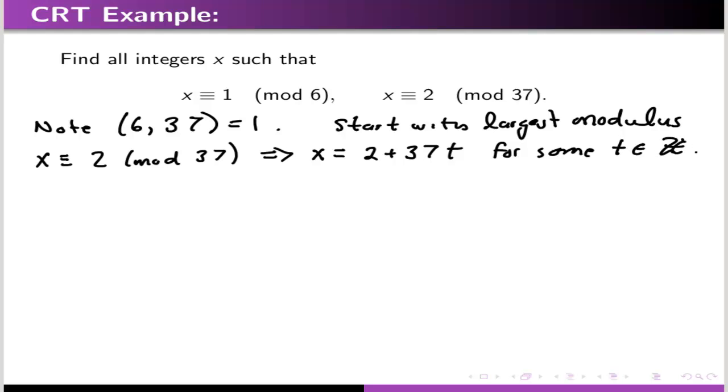And then I just substitute this into the first congruence. So then x congruent to 1 mod 6 would mean that 2 plus 37t is 1 mod 6.